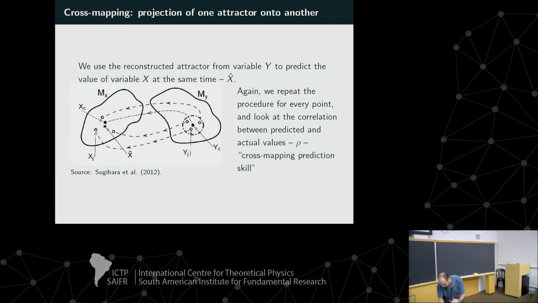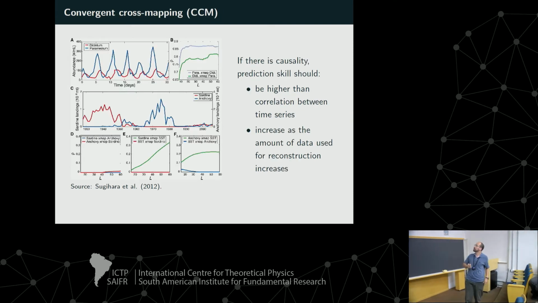So what do you need? How do we expect this to happen? First, this correlation value should be higher than the brute correlation between the time series.